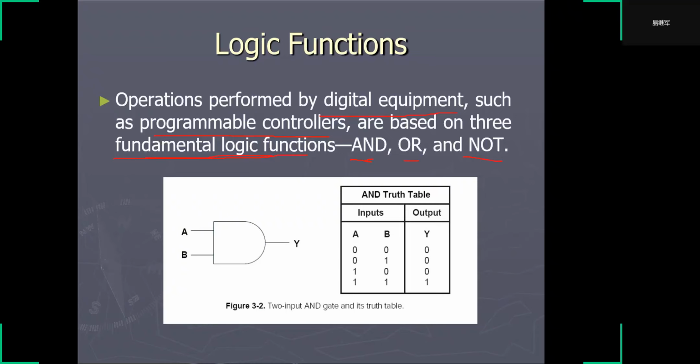AND operation: 0 and 0 gets 0, 0 and 1 gets 0, 1 and 0 gets 0, 1 and 1 gets 1.